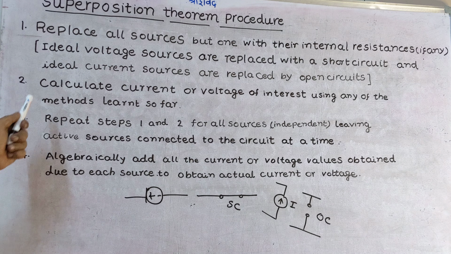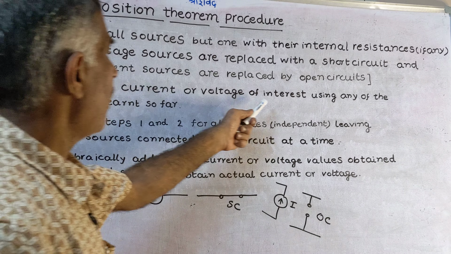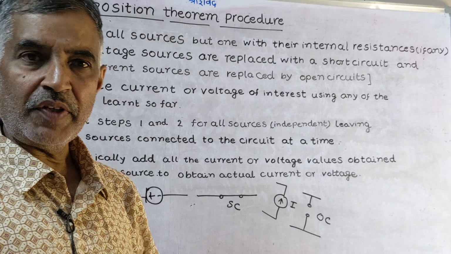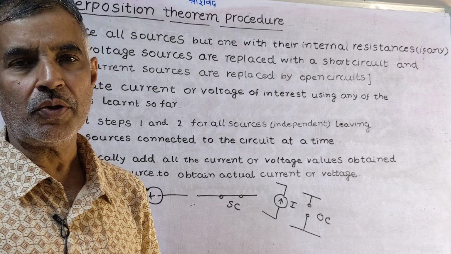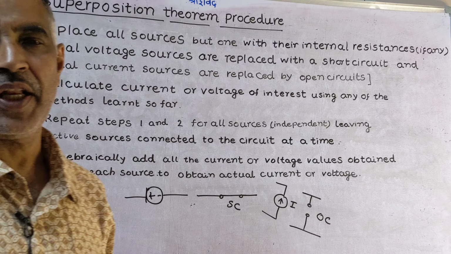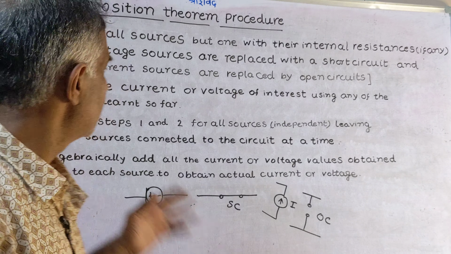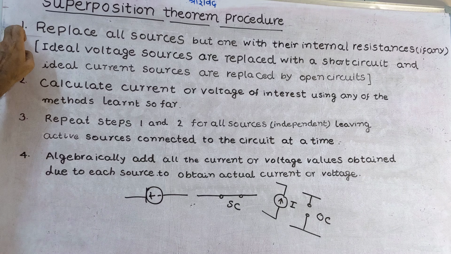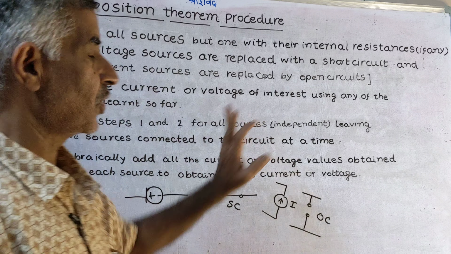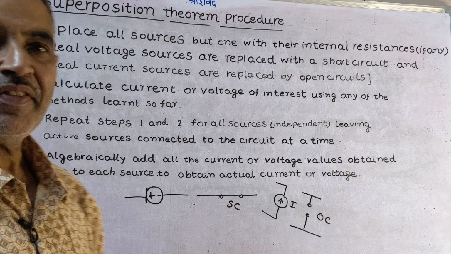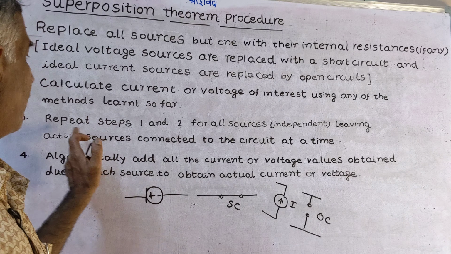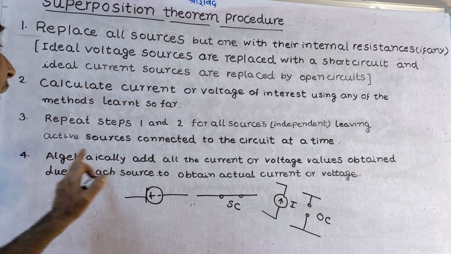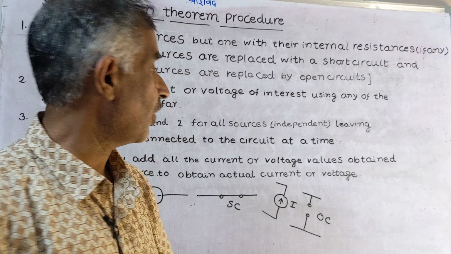Next, calculate the current or voltage of interest using any of the methods learned so far, such as mesh analysis, nodal analysis, KCL, KVL. Next, repeat steps 1 and 2 for all independent sources, leaving active sources connected to the circuit at a time.